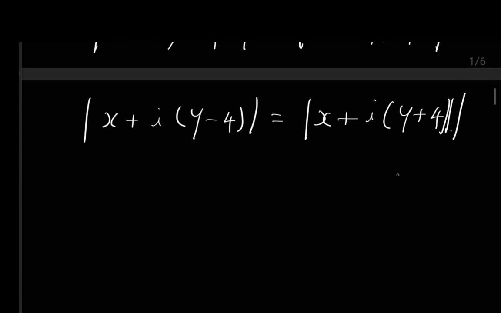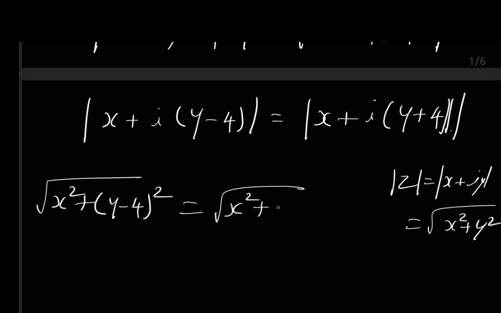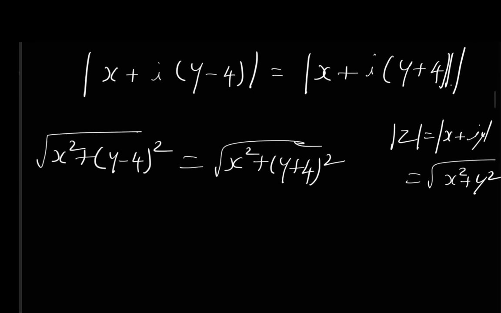Actually, what is the modulus of z? Modulus of x plus iy is equal to root of x squared plus y squared. So same thing here: root of x squared plus (y minus 4) the whole squared, and root of x squared plus (y plus 4) the whole squared.